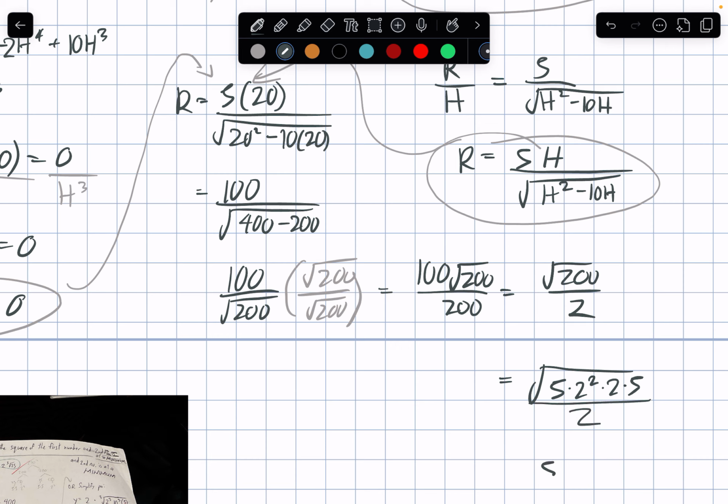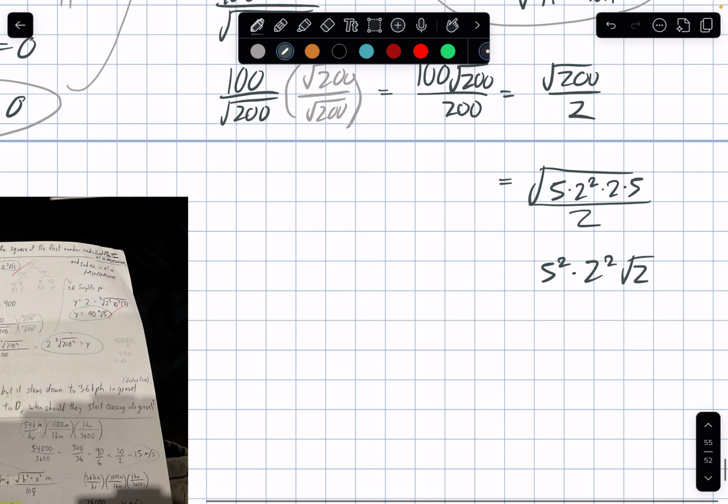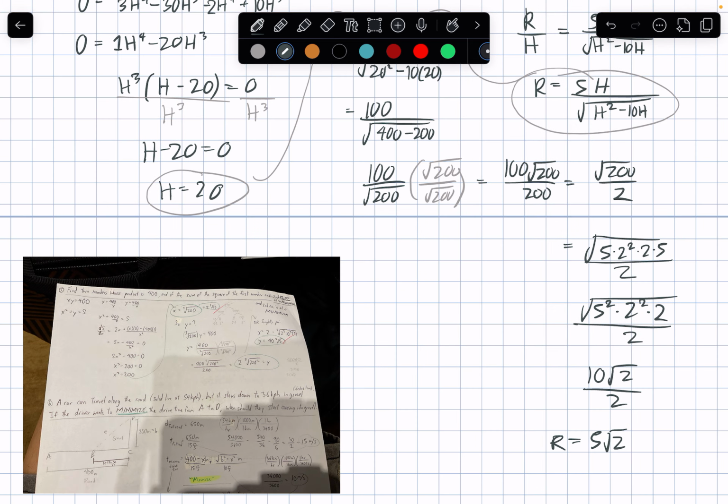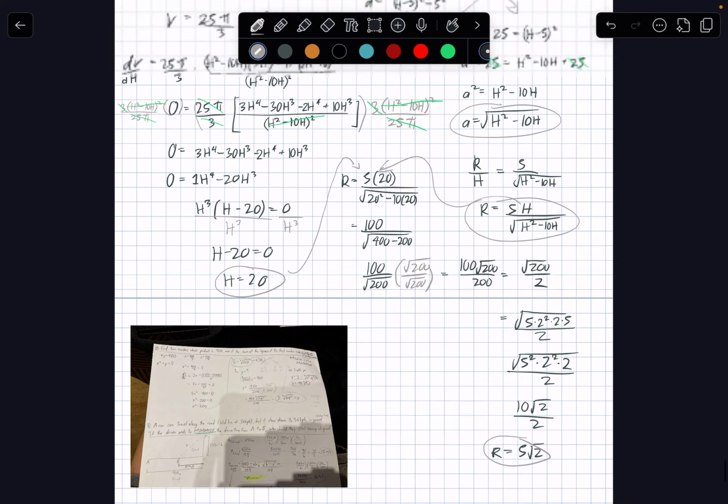Okay. 5 squared, 2 squared times... No. 10 square root of 2 over 2. 5 square root of 2. That is the radius. Okay? I think that's it.